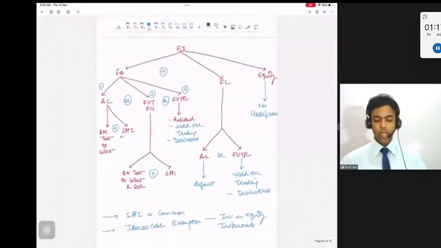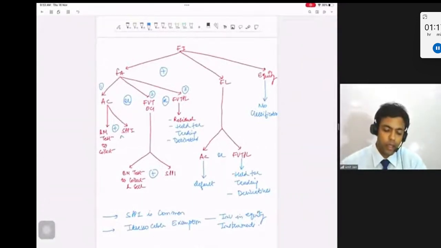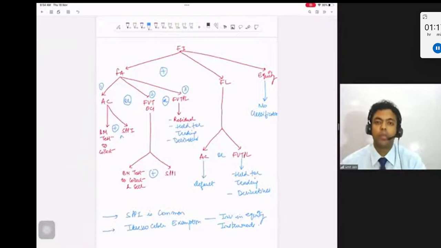This is the entire summary, guys, in respect of financial instrument, what we have read till today. If you have understood this chart, and if you can prepare this chart by yourself, the entire financial instrument, what we have read in the last three classes, must be clear to you.